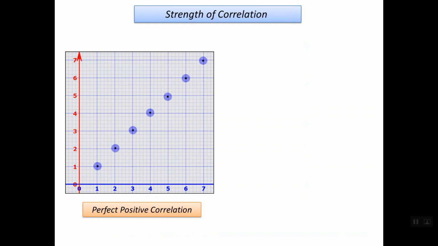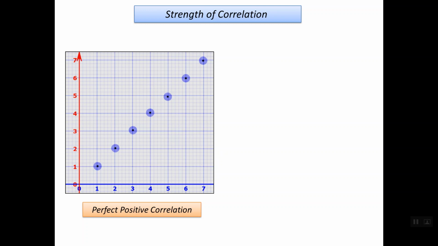Let's talk about the second concept of correlation, which is the strength of the correlation. What we have here in the figure is a positive correlation, simply because as the value of the independent variable increases, so does the dependent variable.